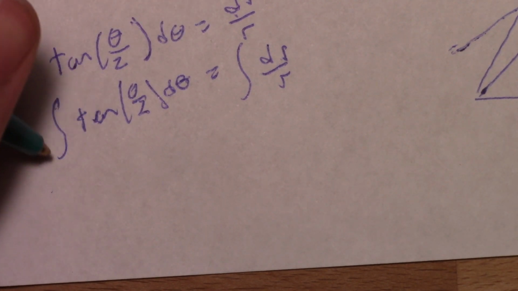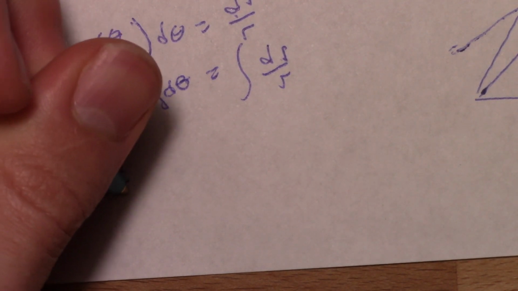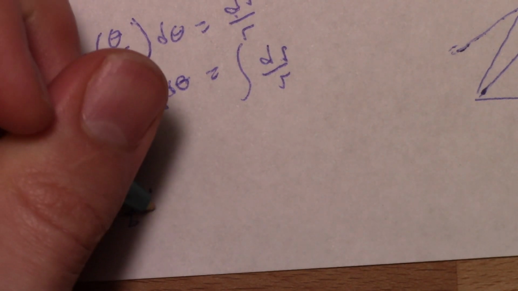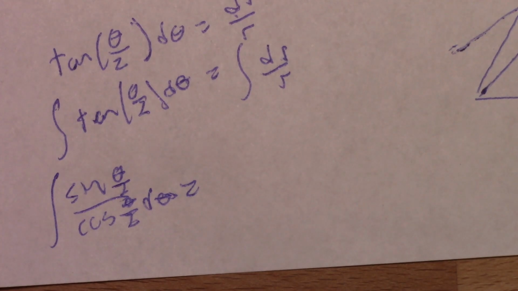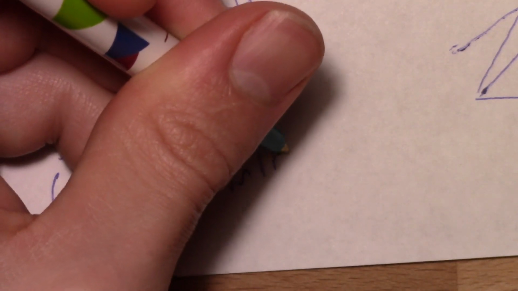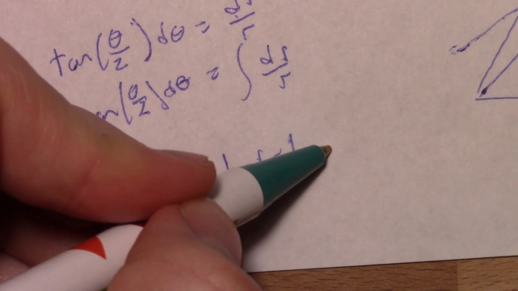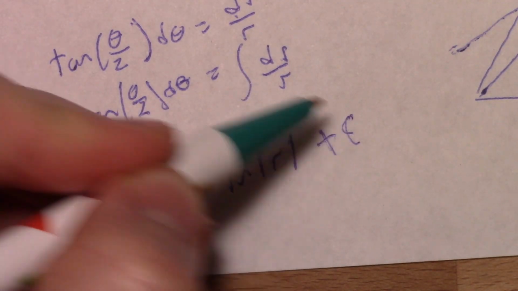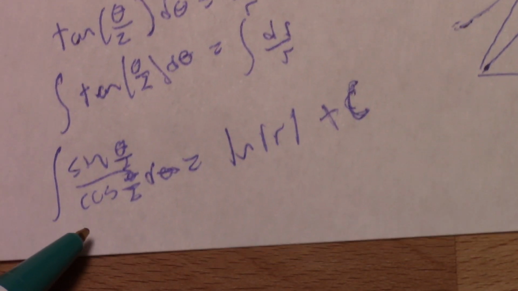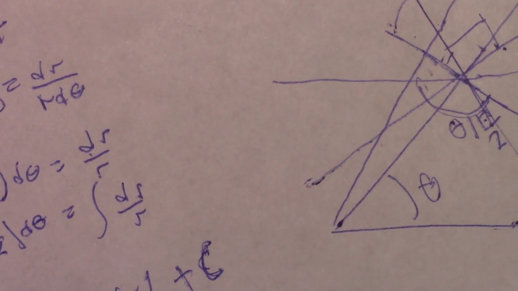Tangent is sine over cosine, right? So the integral of sine of theta over 2 over cosine theta over 2 d theta equals, this we know, ln r plus c. What does the constant here represent? Not sure. Let's just add more paper at the bottom, perhaps.